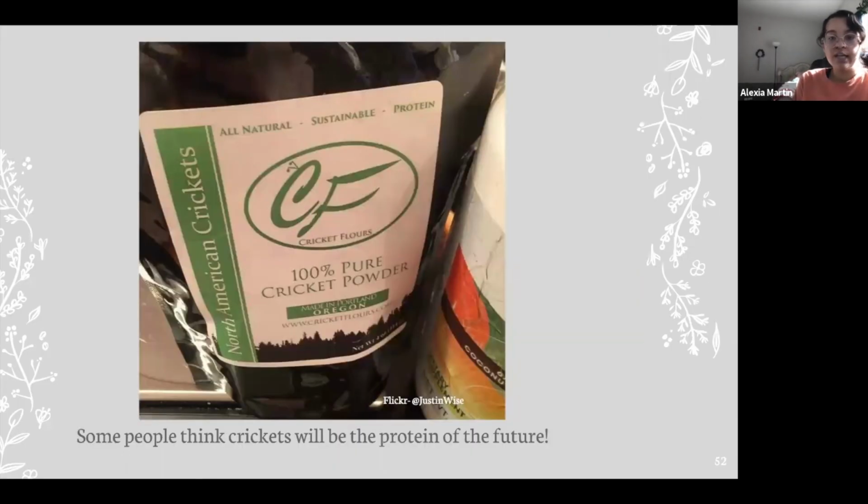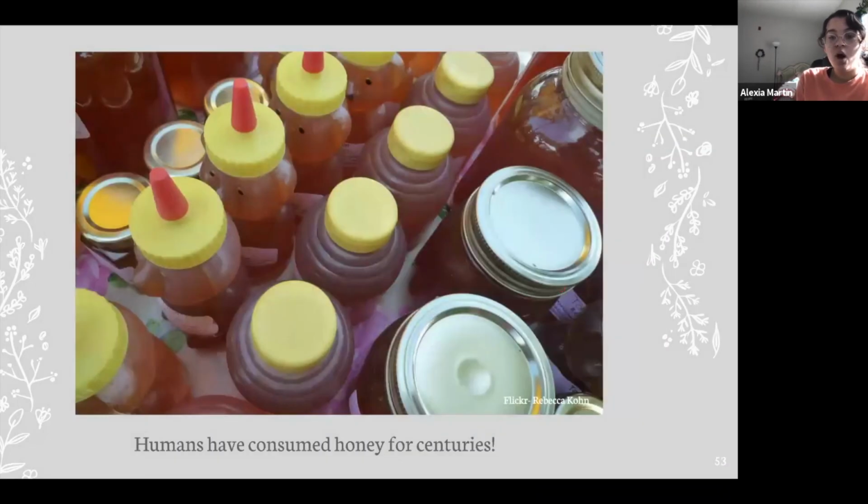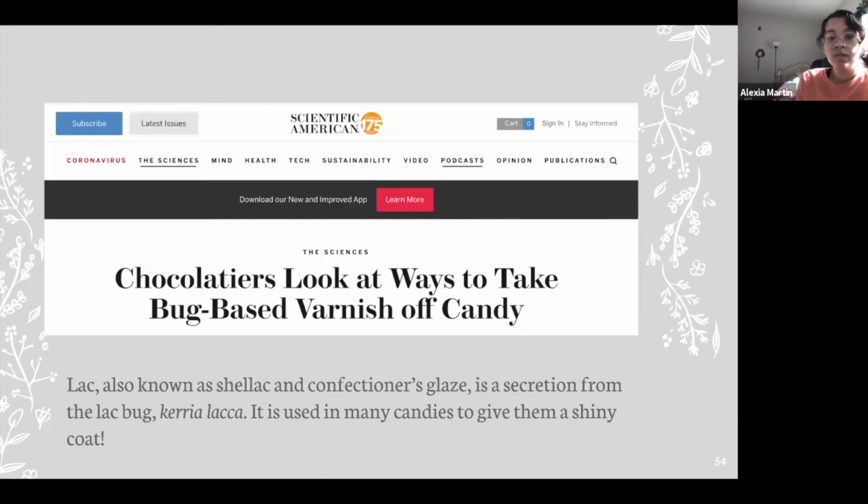So here is a container of, you can see, 100% pure cricket powder. People put this in stuff and it has some extra protein in it. Also honey. Humans have consumed honey and used honey for medicinal purposes for centuries. And then this is a cool article from Scientific American: chocolatiers look at ways to take bug-based varnish off candy.